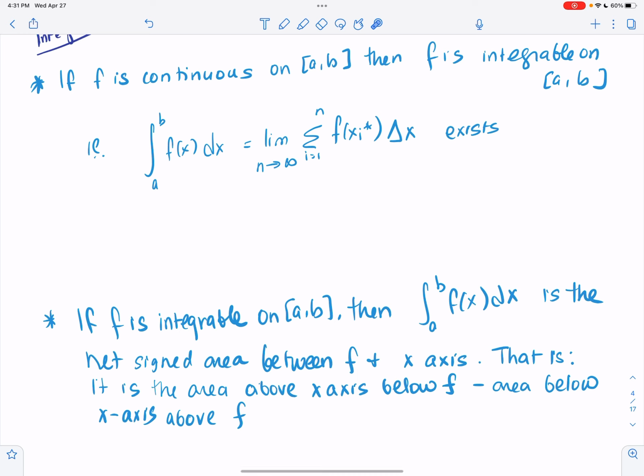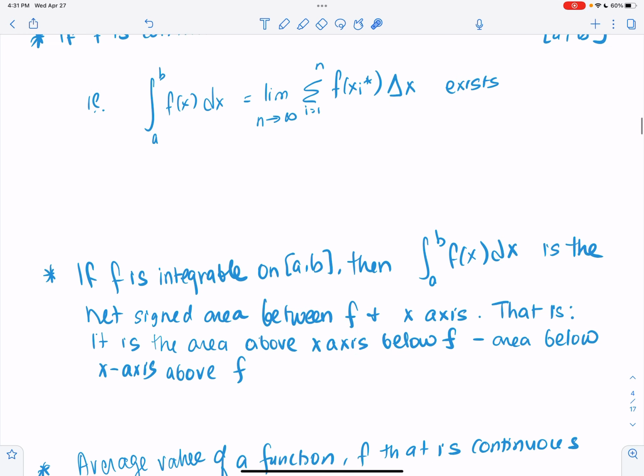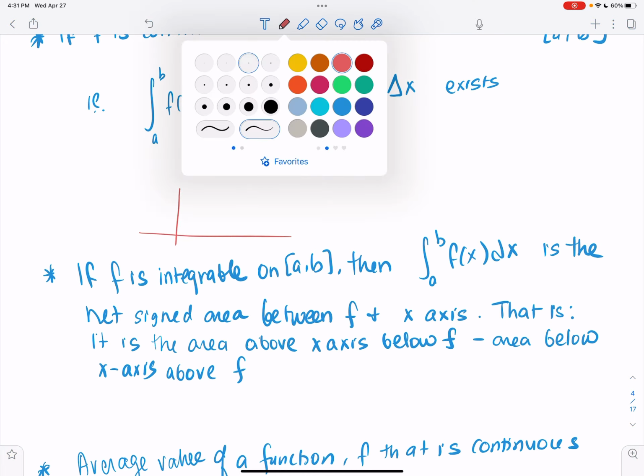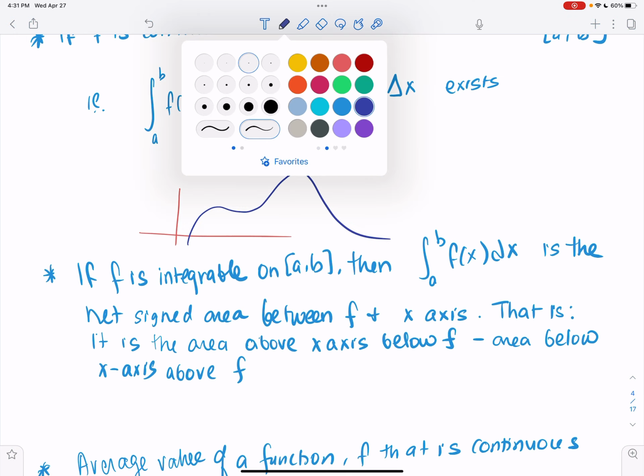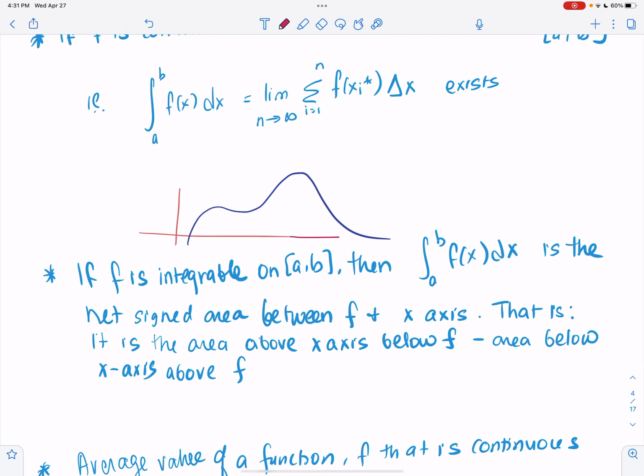So the net signed area, it could be not continuous, but just for the ease of showing it to you, suppose you have a function like this, okay?